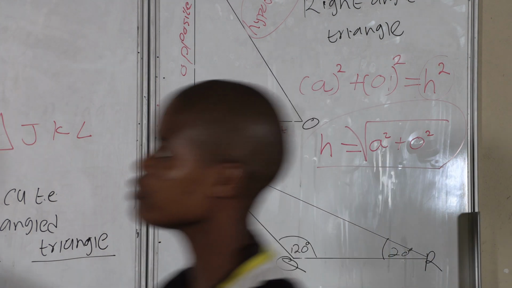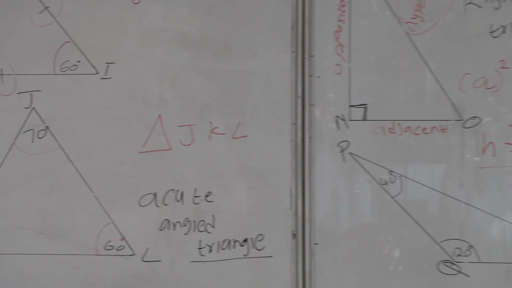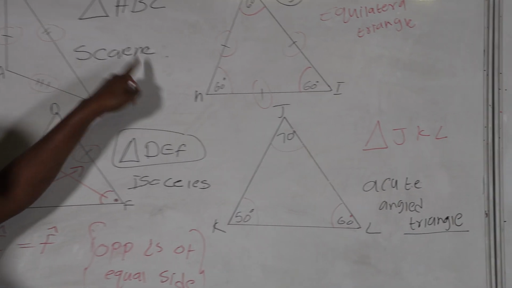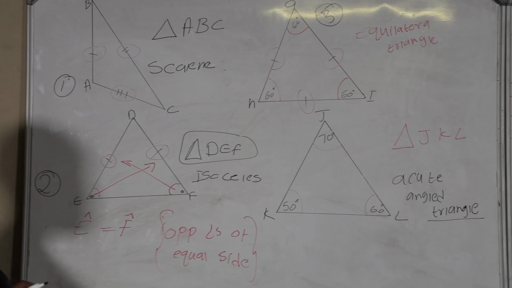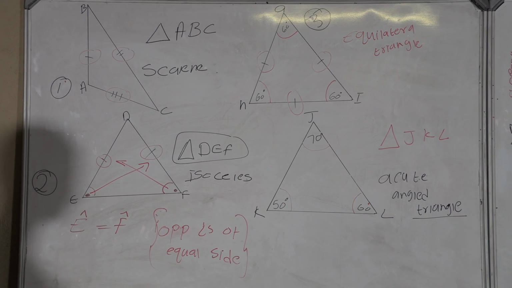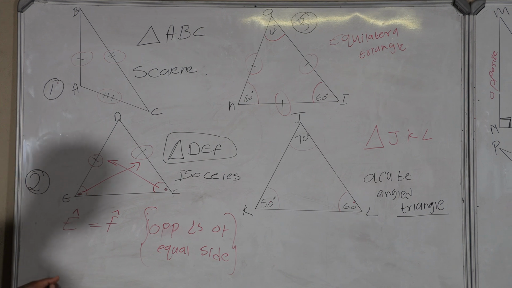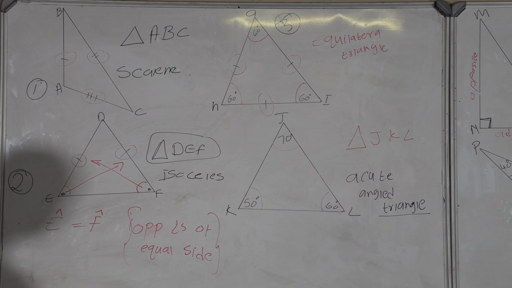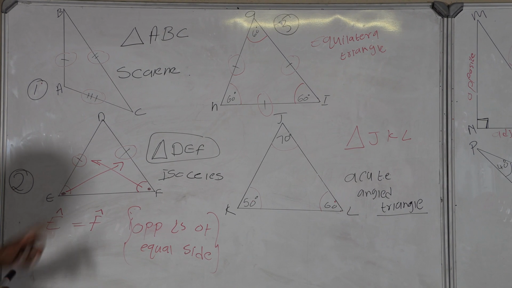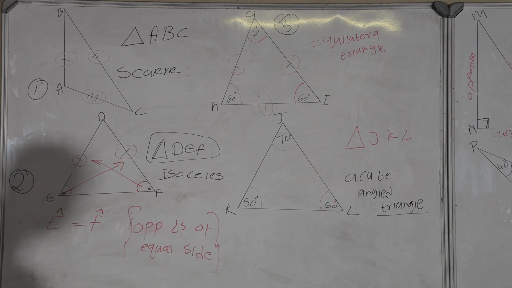Just a quick review. We have got a scalene, which has three different unequal sides. All sides are not equal. And then we have got isosceles, which has two angles that are equal and opposite sides that are equal.